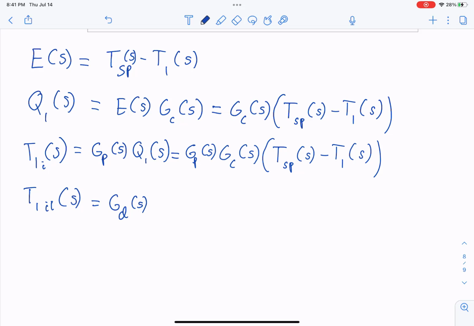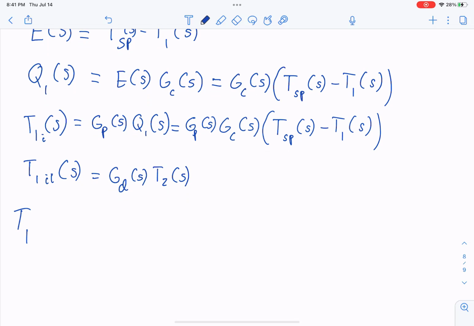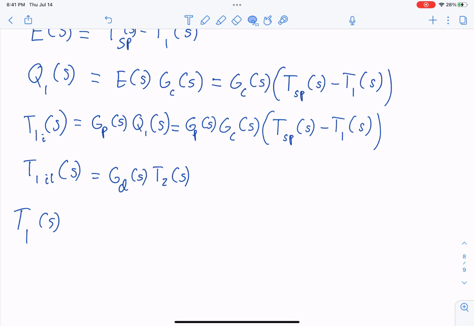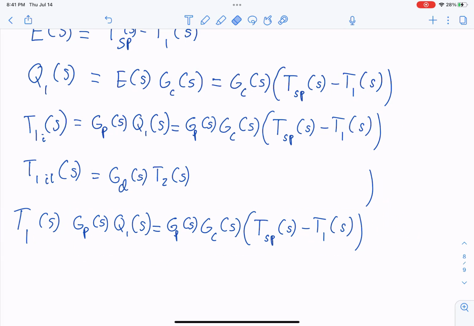So we'll just say T2(s). So T1 is actually equal to the sum of the two. And again, I'm just going to take advantage of having an iPad. And we didn't need some of that.